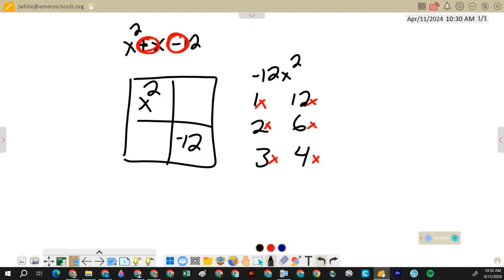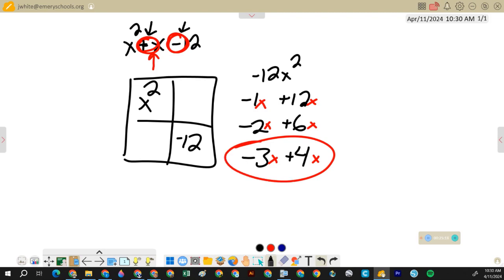Okay. So now I know that the signs are different and the bigger one is positive. So minus, plus on all of these. Which one gives me a plus 1? That would be this one. So negative 3x and 4x. Okay.